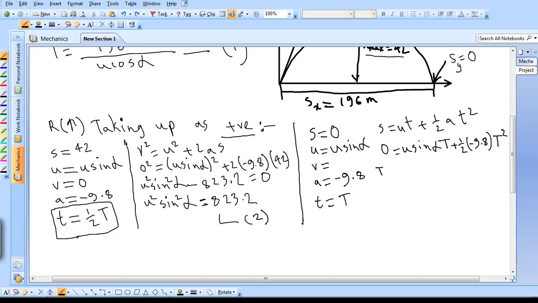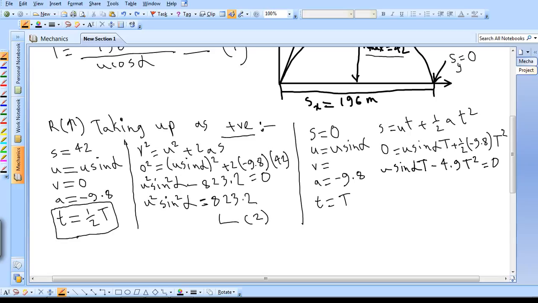So let us simplify this thing. If we simplify, we will get something like this: u sine alpha t minus 4.9 t square is equal to 0.